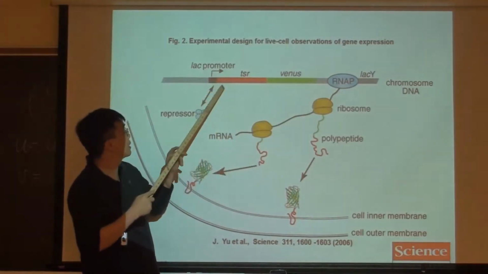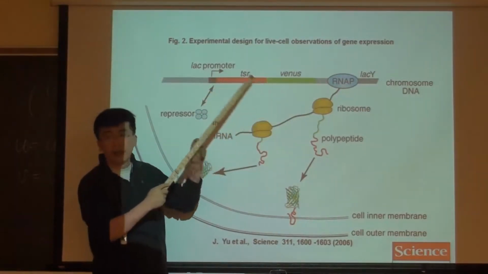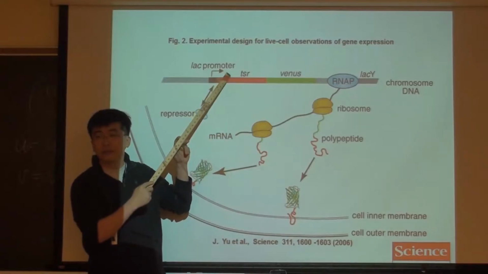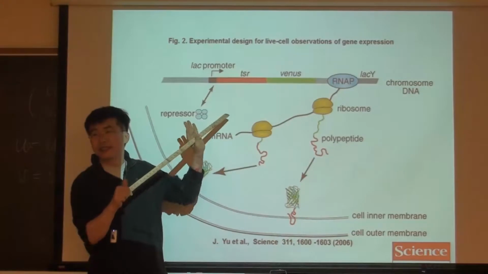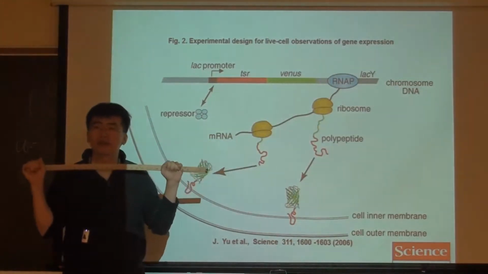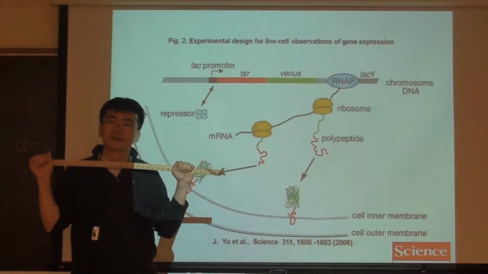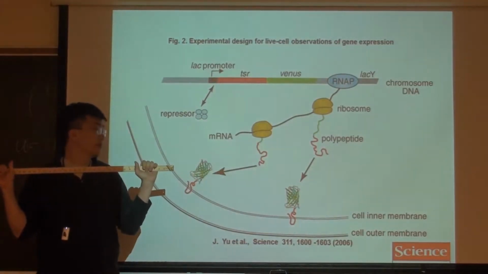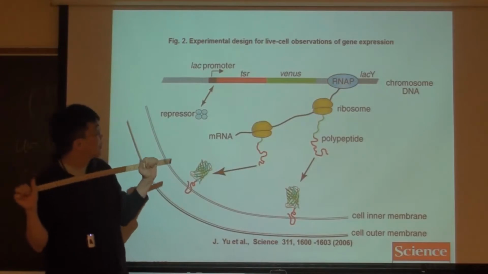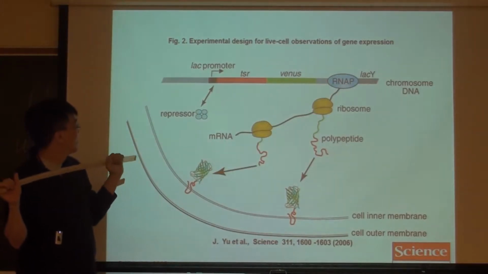They simply inserted this into the lac promoter region, because they wanted to study a natural promoter in terms of noise in protein expression and so on. Any other question? Is there anything else that is unclear here on this slide?